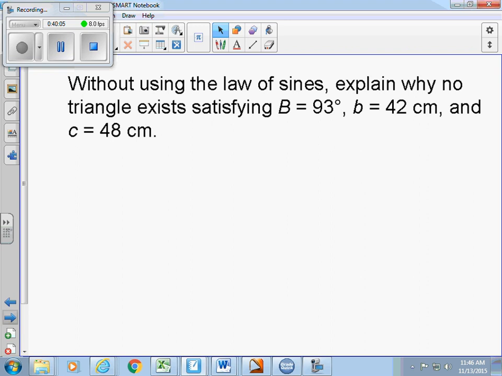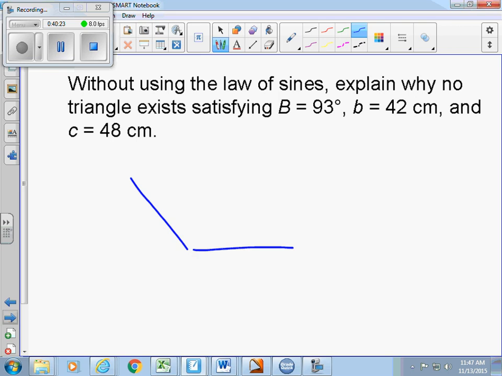Putting in that file. Okay. So without using a lot of lines, why is there no triangle? Okay, good. This is an obtuse angle. That's got to be the biggest angle, right?